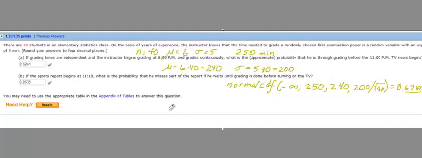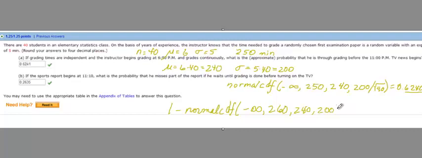So for the B question, you'll do 1 minus your normal CDF and negative infinity. And then this would be 260 because they added 10 minutes onto there. Then everything's still the same. This would be my 240. And I believe I still have the same number of papers.